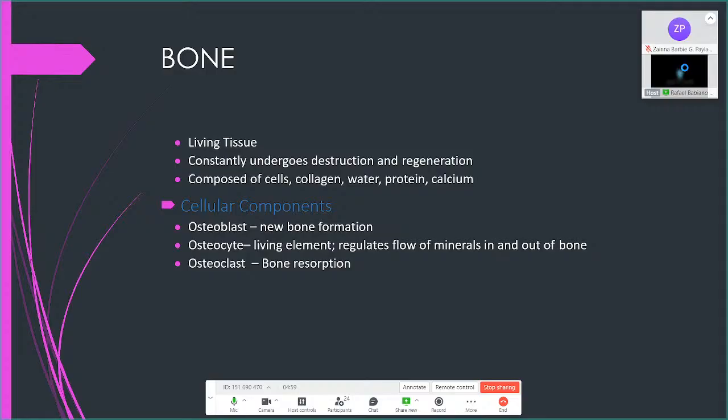But I think destruction is actually not the best term to use, because when you destroy something, it becomes lesser.